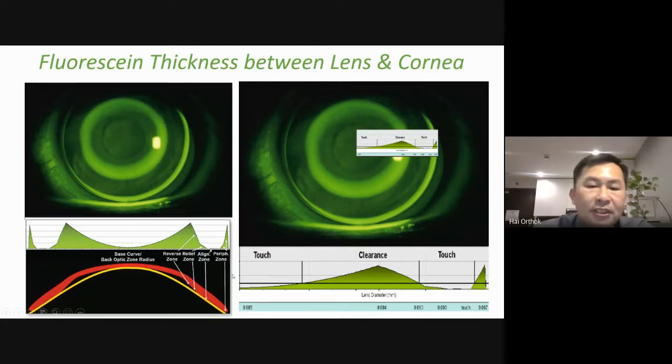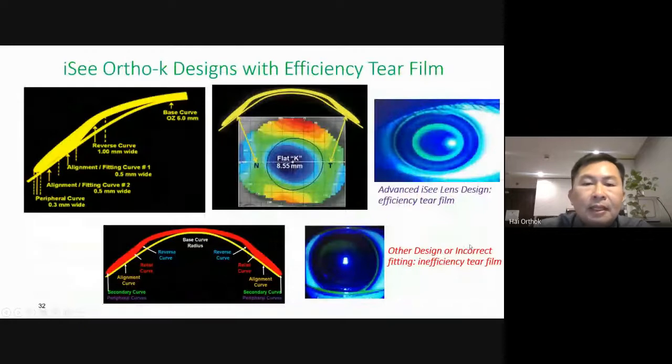And ideal is not always what we have. Ideally, we should have about 5 micrometers of tear all over the lens. We should have a clearance area of about 85 micrometers, similar to the periphery, of 85 micrometers of tear. So the above is a good fitting.